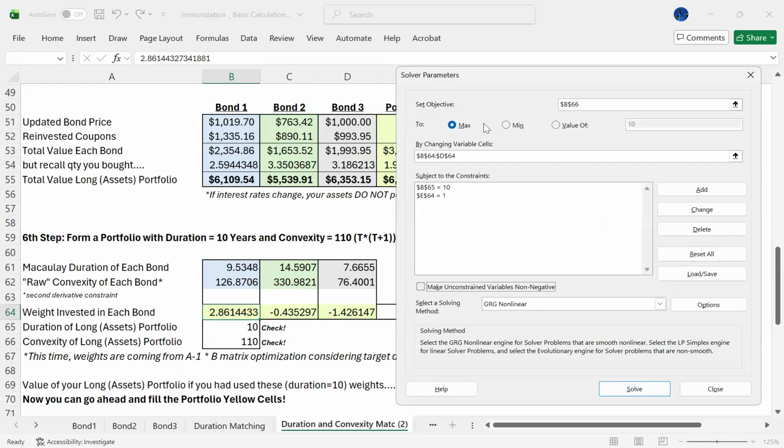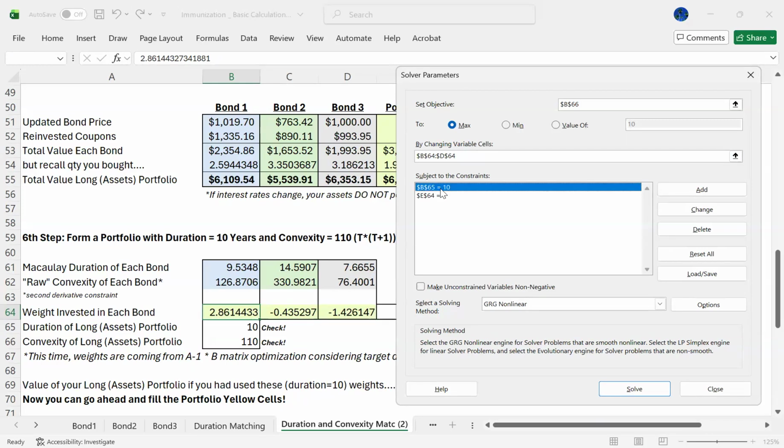So once again, I'm choosing B66 as my objective function, convexity. The whole optimization problem revolves around convexity, and I'm asking Excel to maximize it by changing the variable cells B64 to D64, those are the weights.